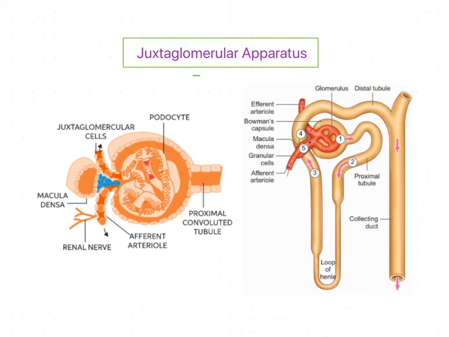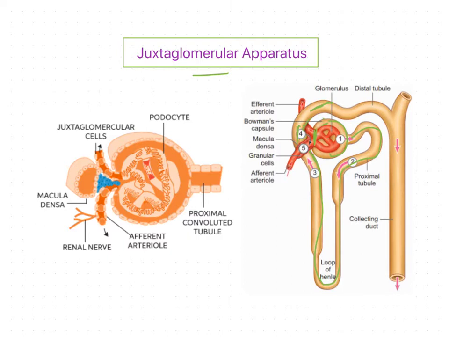So now we will discuss the juxtaglomerular apparatus. In this diagram, which is a somewhat exact schematic diagram of the nephron, you can see the Bowman's capsule and the glomerulus. This part is called the vascular pole of the glomerulus, which is continued as the proximal tubule, the loop of Henle, and the ascending limb of the loop of Henle of its own renal tubule, which is nearer to the distal convoluted tubule.